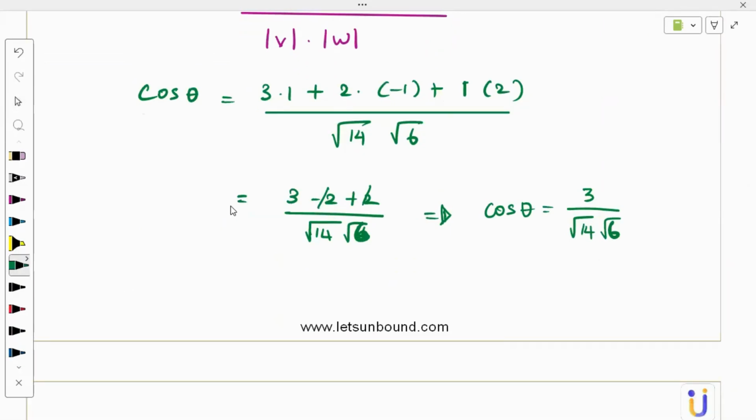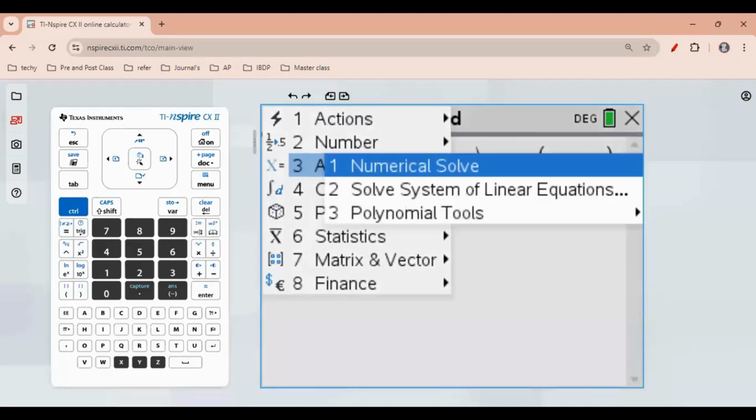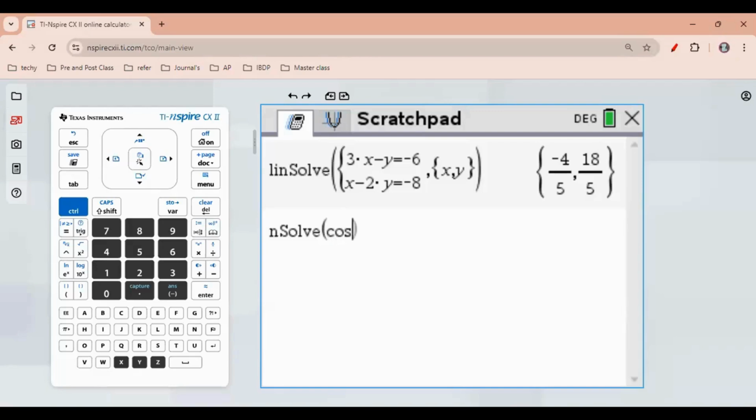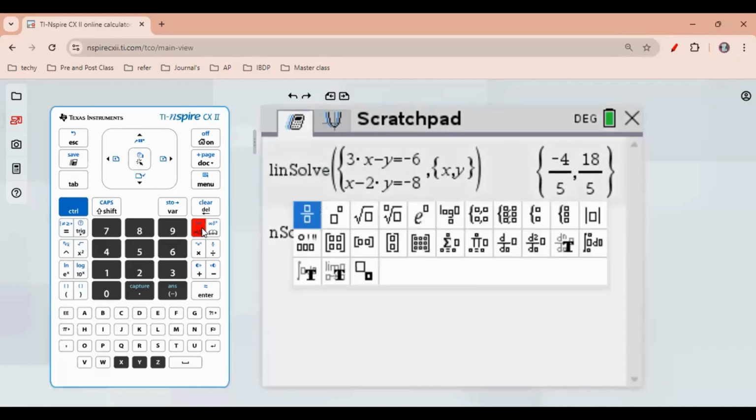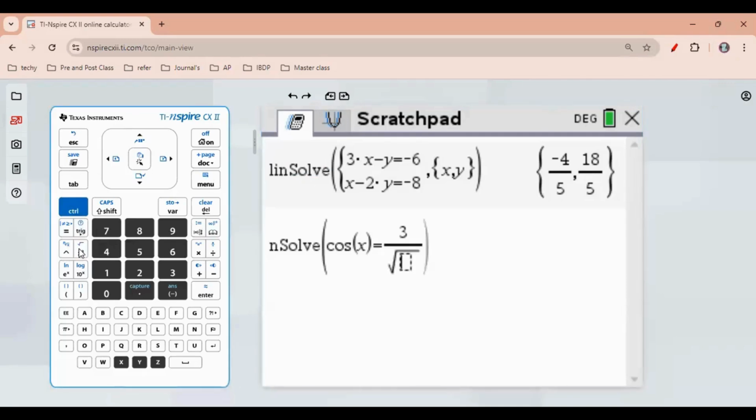And we can take the help of the calculator here. Moving to the calculator page, we can go with algebra, numerical solve. Cos theta equals, treating theta as x, the fraction 3 over square root of 14 times square root of 6, and I'm solving for x.